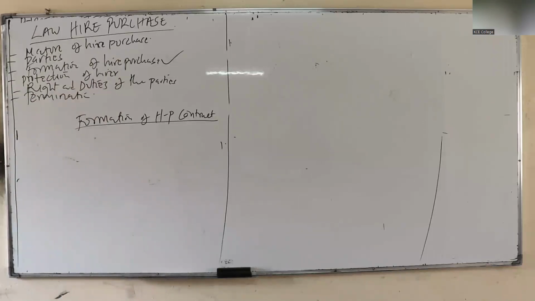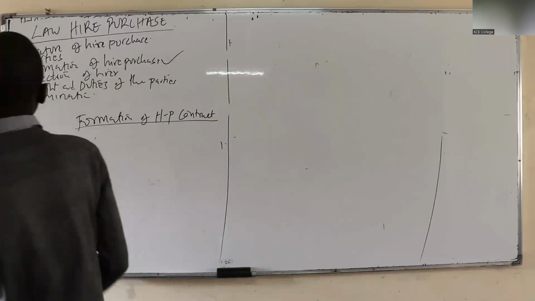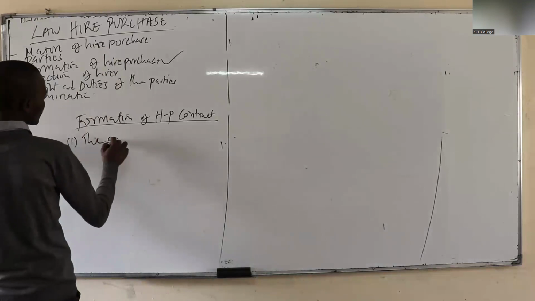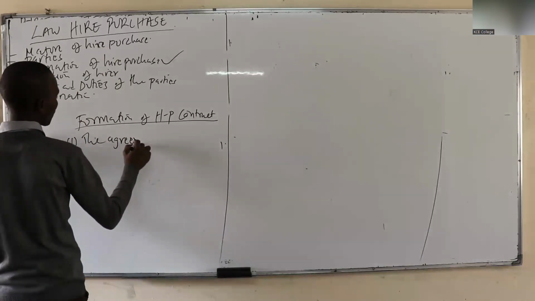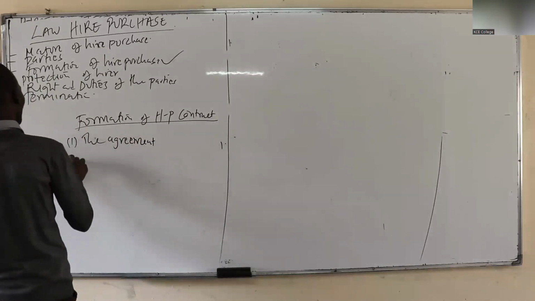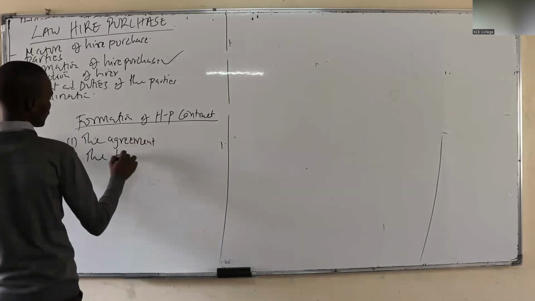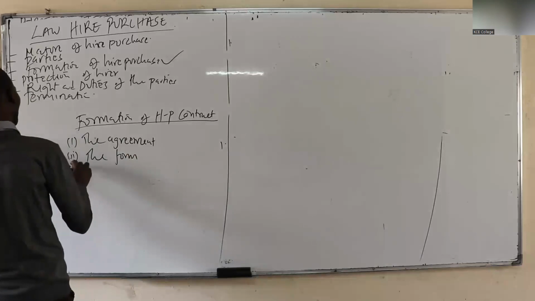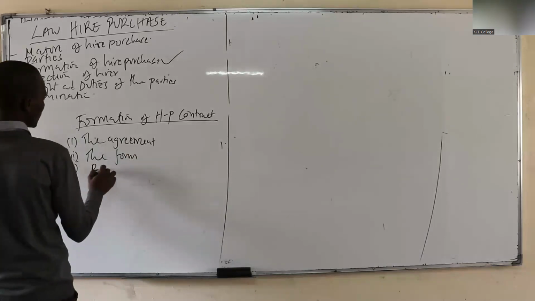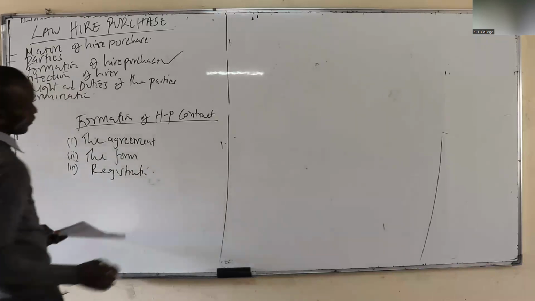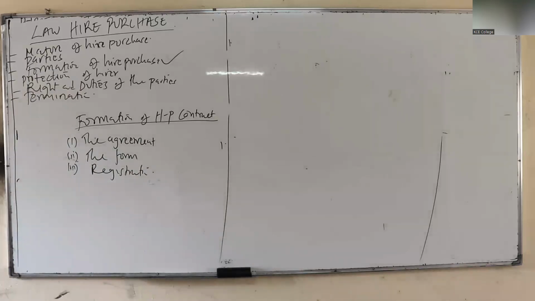Number 1 is the agreement. Number 2, the form. Number 3, registration. We start with number 1, the agreement.